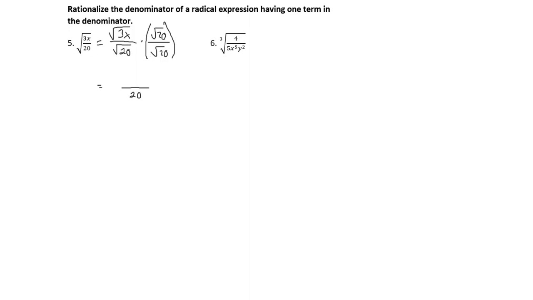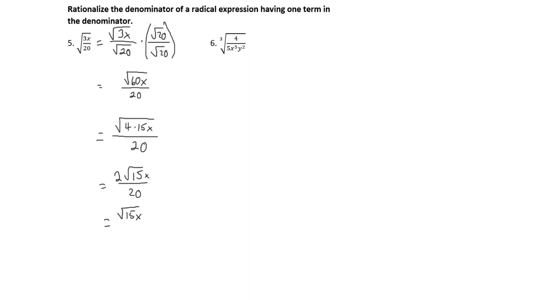And on top, we have square root of 60x. And 60, we can break that down as 4 times 15x over 20, which becomes 2 square root of 15x over 20, which then 2 divided by 20 becomes square root of 15x over 10.